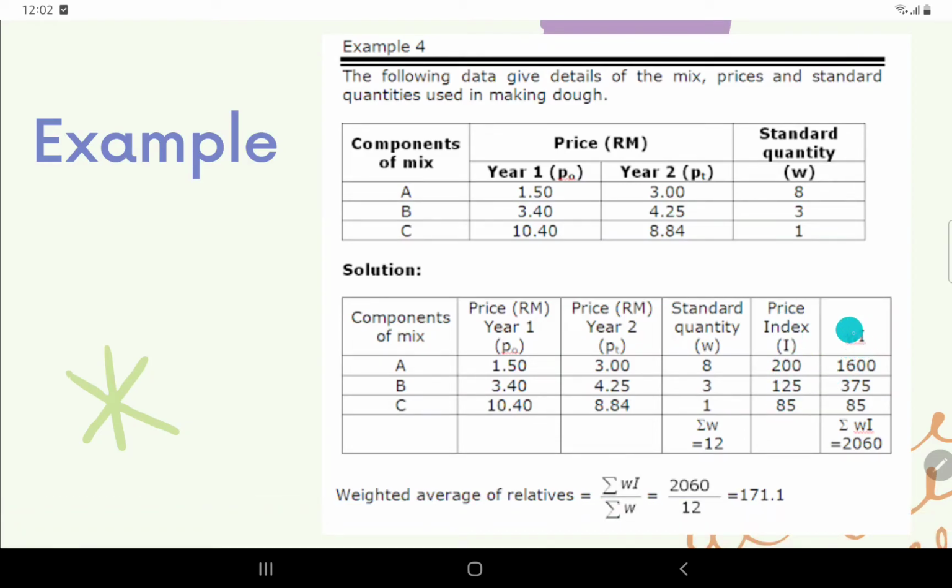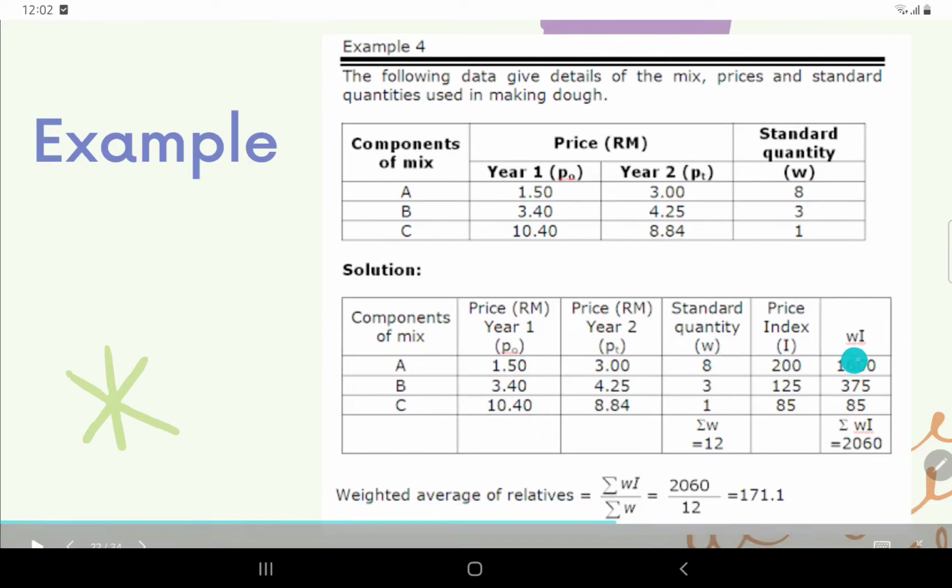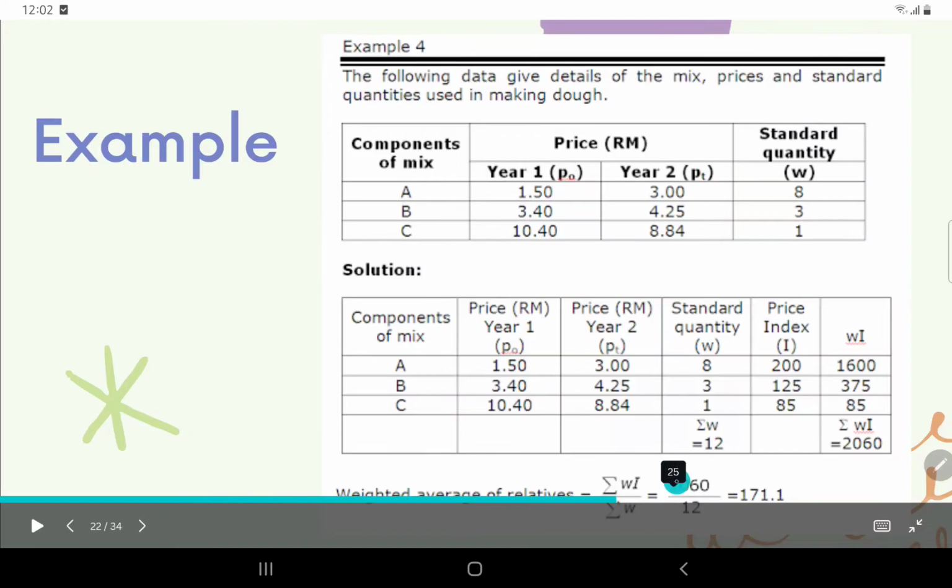So we need to calculate our WI because we have WI in our formula. So darabkanlah W darab dengan I, so we'll get ni. Okay, so total up WI, so we'll get 2060 divided by total of W, which is 12. So our weighted average of relative is 171.1.